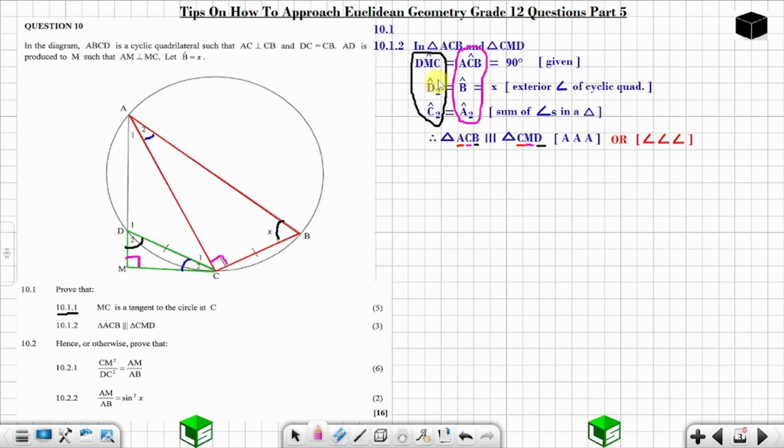You can see you have C2, D2, and angle DMC from one triangle, and from another triangle you have angle ACB, angle B, and angle A2.